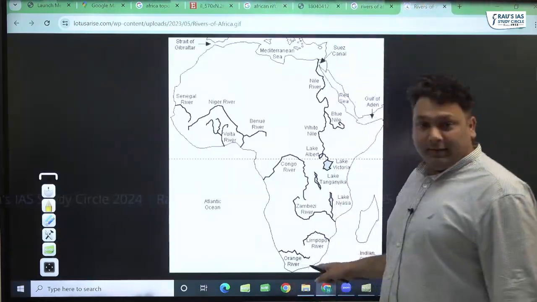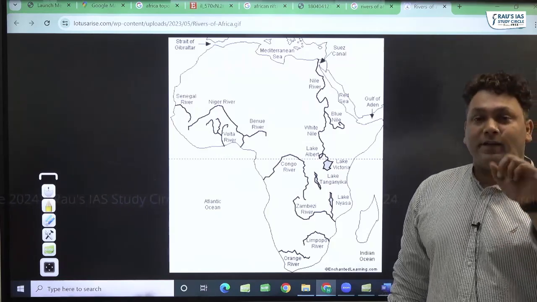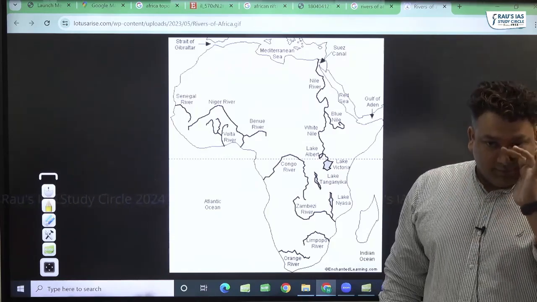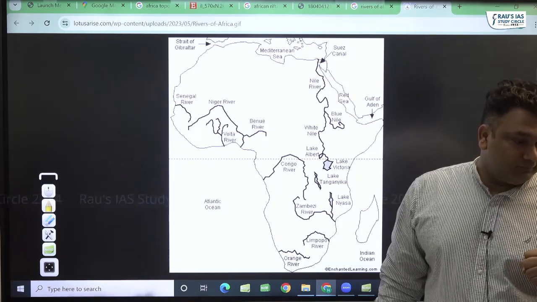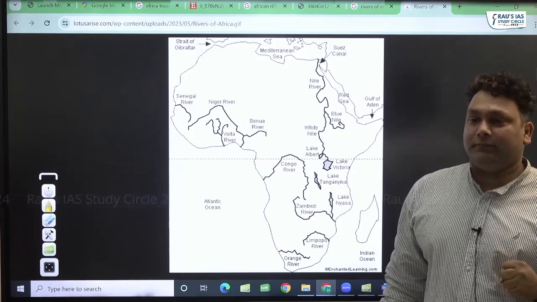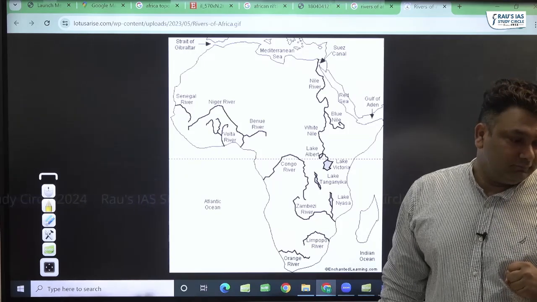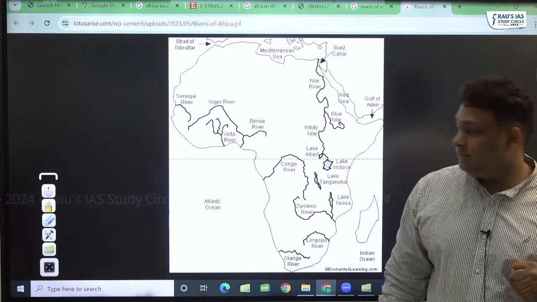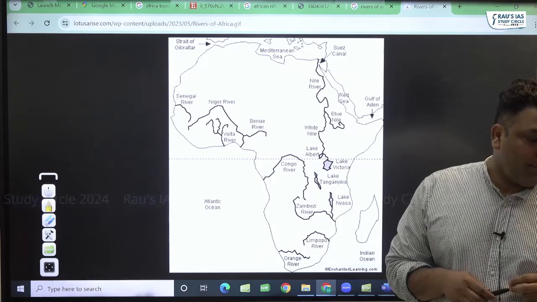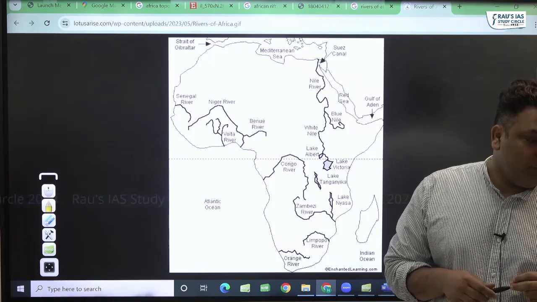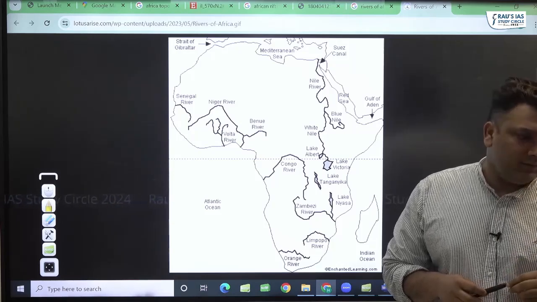Next is the Orange River. The Orange River is not orange in color. Longest river of South Africa. Origin is Lesotho. It's a country.